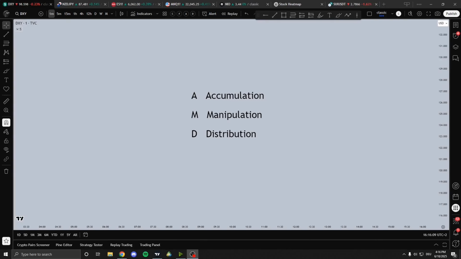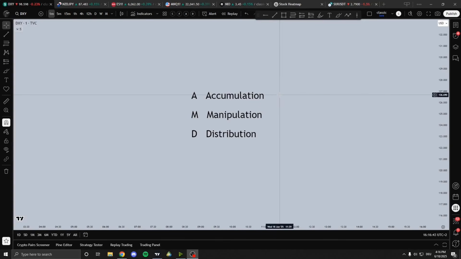What is AMD? AMD stands for accumulation, manipulation, and distribution. Meaning AMD describes usually how the market is moving, and in order to see expansion we need a manipulation, and to see manipulation we need accumulation, meaning a consolidation beforehand, which then can initiate the manipulation and therefore then transition into distribution.